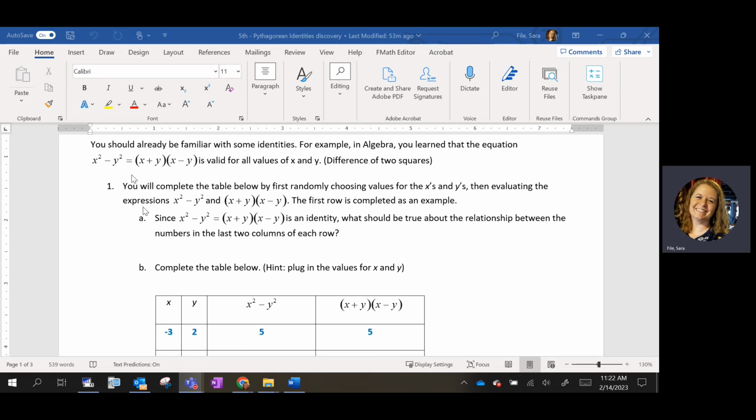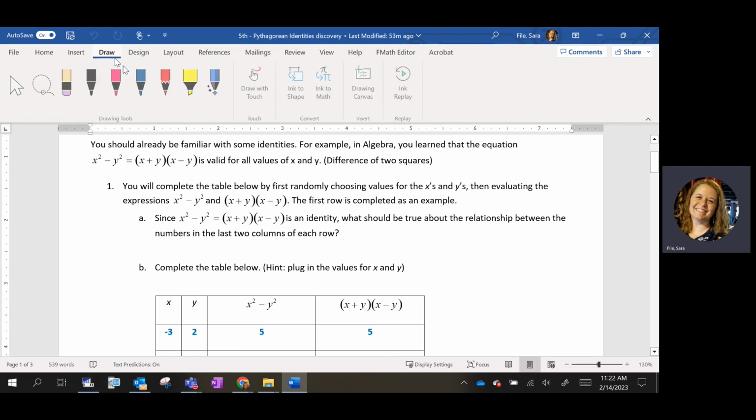If I were to look at the left side of this equation, x squared minus y squared, and the right side, x plus y times x minus y, and I were to pick any random values of x and y and plug them in, how should the left and right always compare to each other, if it is indeed an identity?